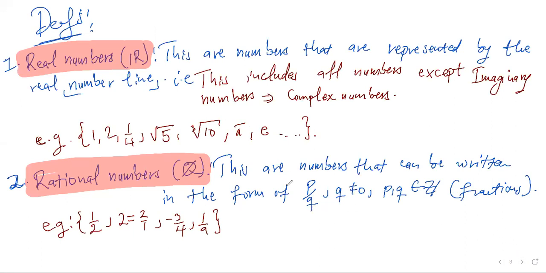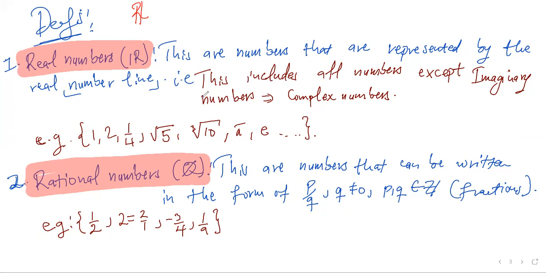So here are our definitions. We have real numbers. The notation for real numbers is an R which has been crossed. Now I wrote the other bar on the left hand side, but you can write it like this. It is fine, not a problem. So yes, real numbers are numbers that are represented by the real number line.